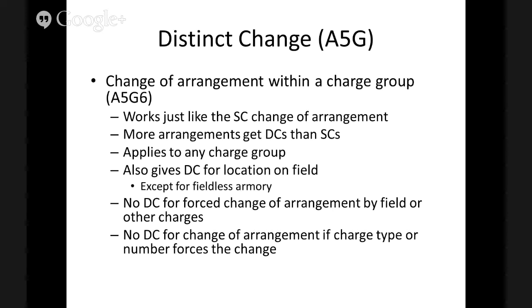But you don't get location DCs for fieldless armory. And you also don't get DCs for a change of arrangement that's forced either by the field, by other charges, or by the number of charges. So if you go from one thing to 3 things, of course you have a different arrangement. You can't arrange one item 2 and 1. Make sense?